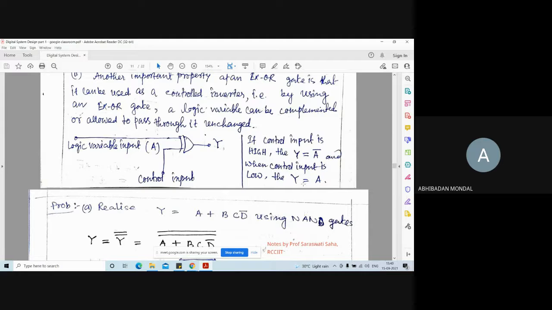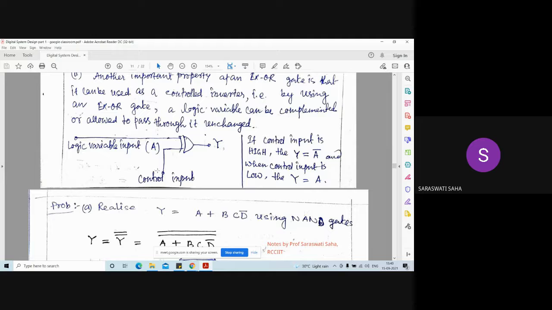Yes, ma'am. How? Suppose you put 0. What will be the output? When both are 0 or both are 1, output will be 0 in XOR gate. So it will be 0. If it is 1, this one is permanently ground.